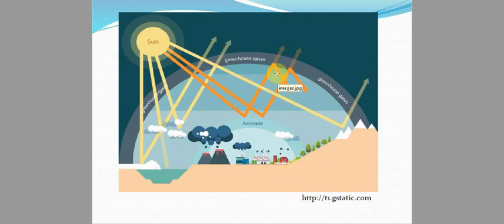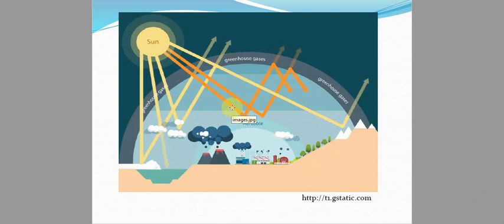So when these rays are reflected back, the Earth's atmosphere warms up and it is in such a way that it makes livable conditions for human beings and other organisms. So please do focus on this concept.